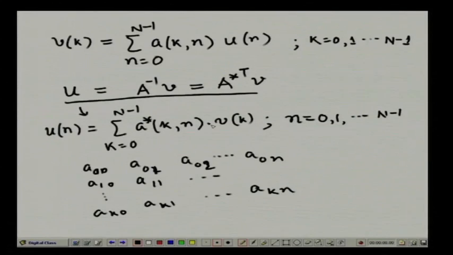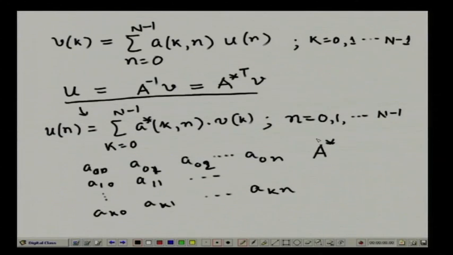Now, find that in this expression we are multiplying A k n by V k, A k n star, which is the conjugate of A k n, into V k. Now, this A k n star is nothing but the column vector of matrix A star. So, if I have this matrix A, this A k n star is nothing but a column vector of matrix A star transpose.